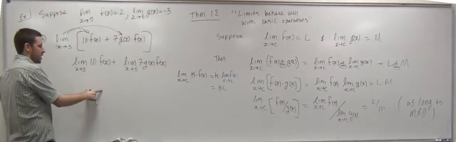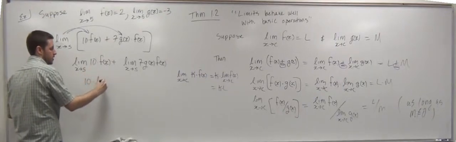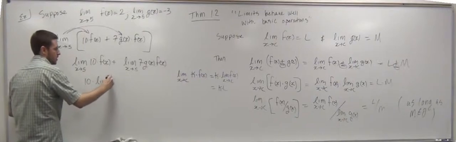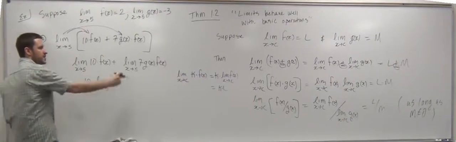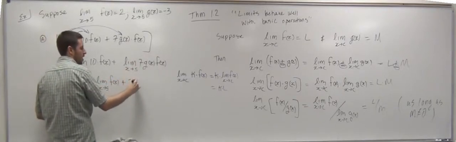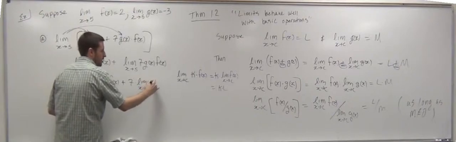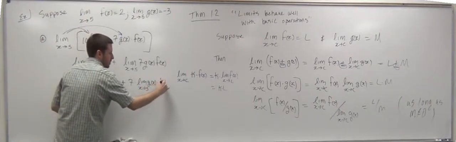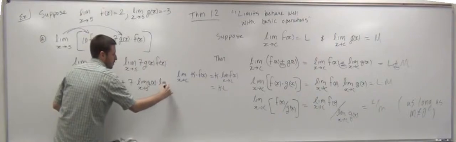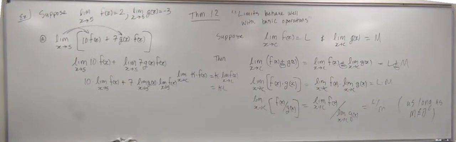And then each of these I have another rule for. This is a constant multiple, so it comes out. This is all multiplication, and this is a constant multiple. The constant multiple will come out, and then you'll push the limit to each one. And now you can plug in.